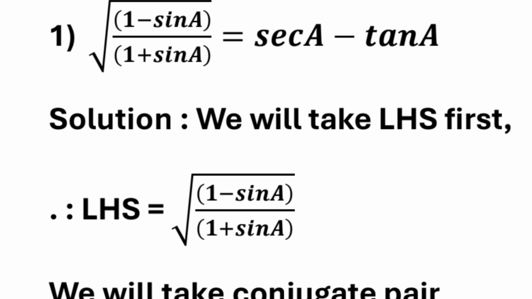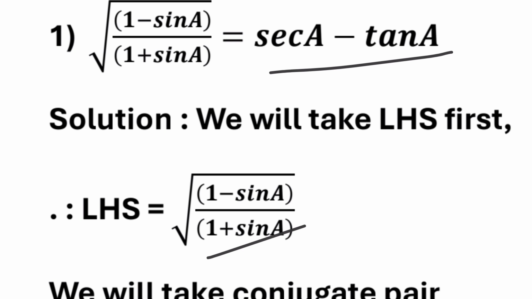When we observe this LHS, we notice the denominator 1 plus sin A. But the right hand side is without denominator. So we obtain this RHS from LHS.